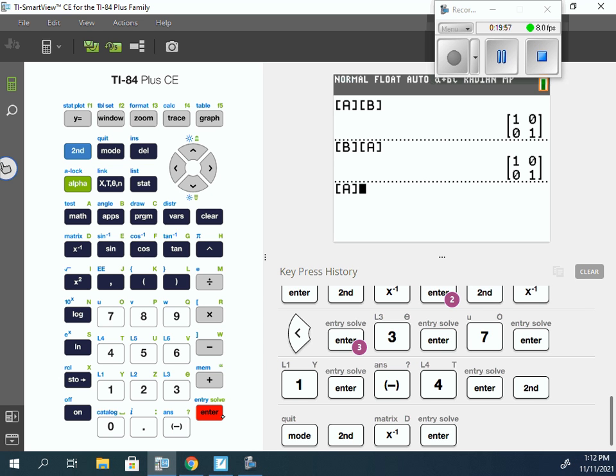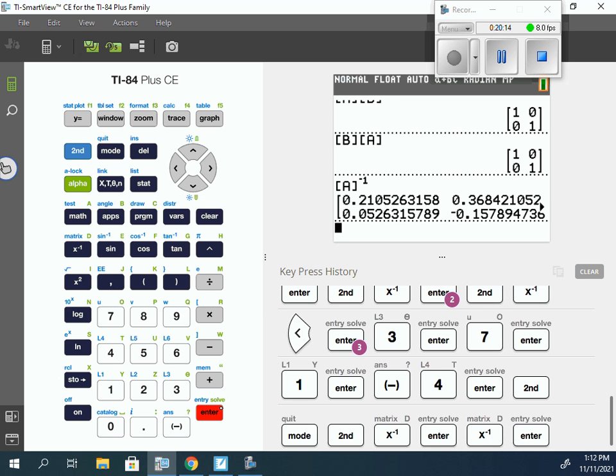Now to get the inverse, well, we've been calling all the inverses A to the what? -1, yes? Do we have that key on the calculator? Because it is just the matrix key, what we've been using. We'd hit second and then that key. And if we have it here, we get this as the inverse.